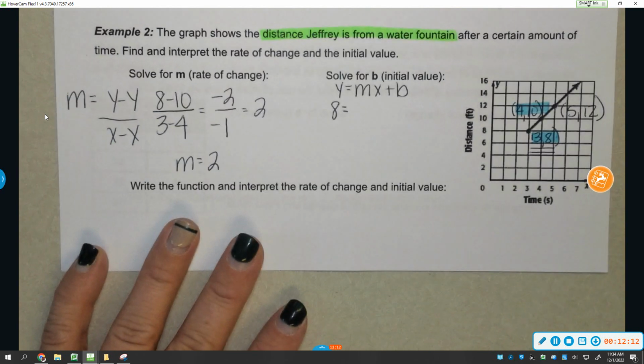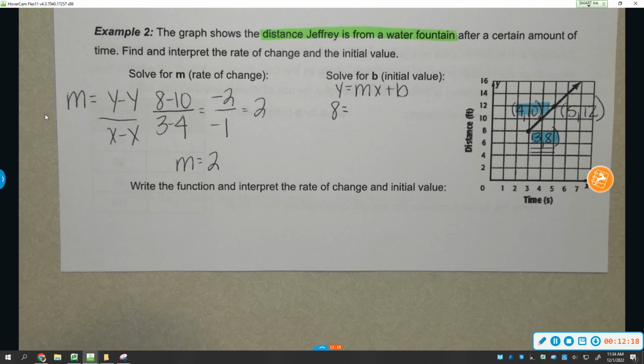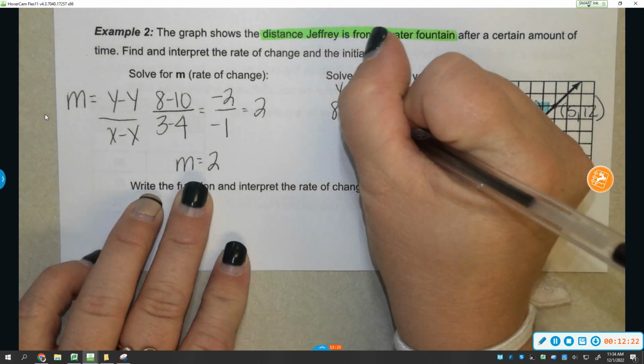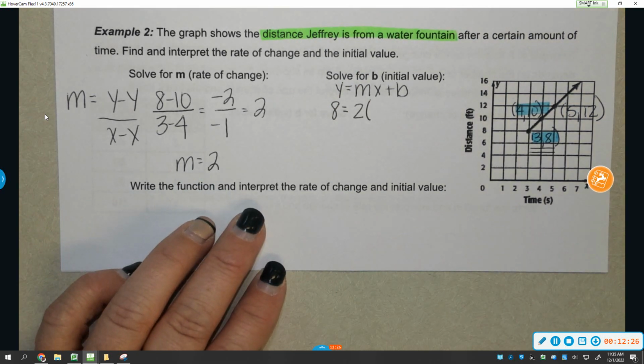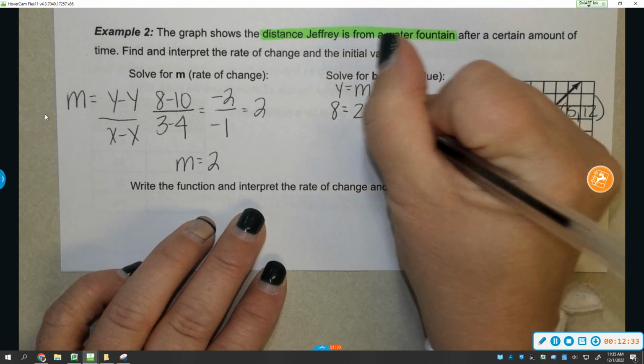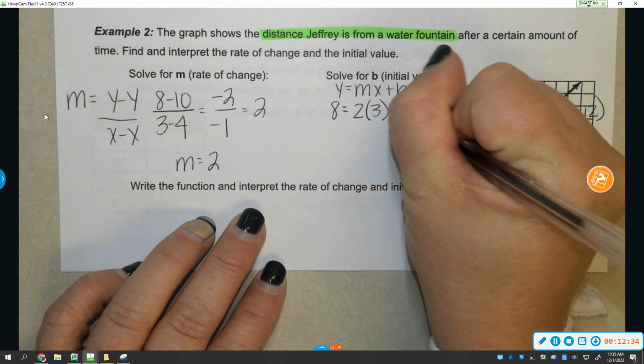What am I going to plug in for x? I'm sorry, not x, but m. Lorelai? 2. And what am I going to plug in for x? Ellie? 3. Very good. Now let's solve for b.